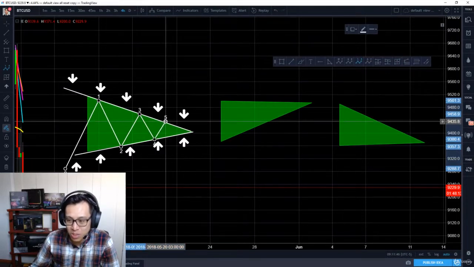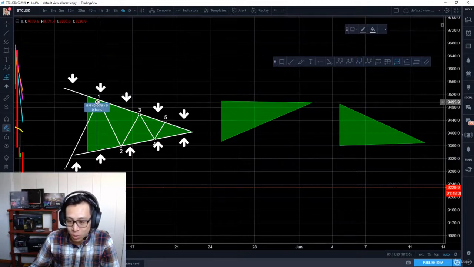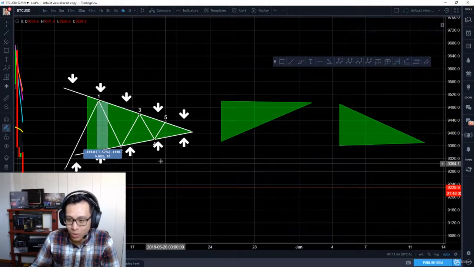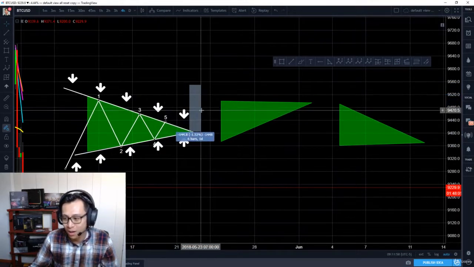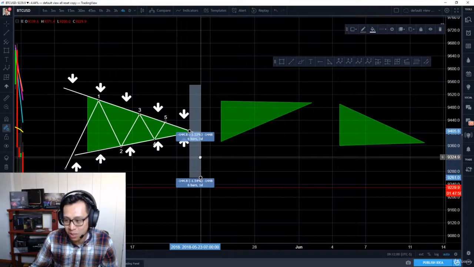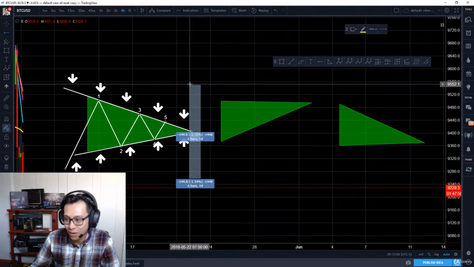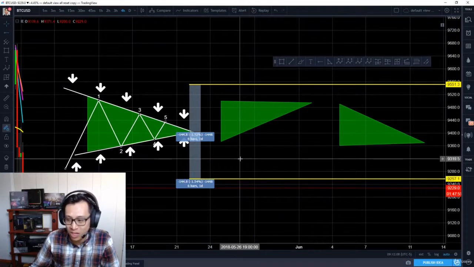So let's say that we see it bounce like that inside of there. The way that we look at it is we draw a target inside of the box, okay? And we say to ourselves, if it goes up, it can go that amount. If it goes down, it can go this amount, like that. So that is how we're gauging the target. This is a really good way of gauging a target.